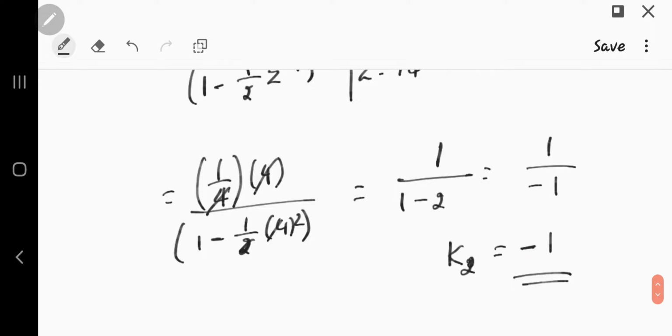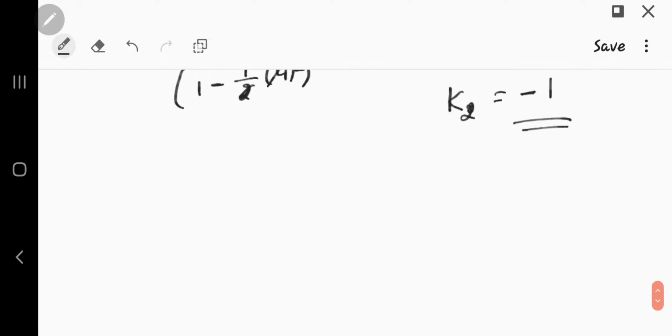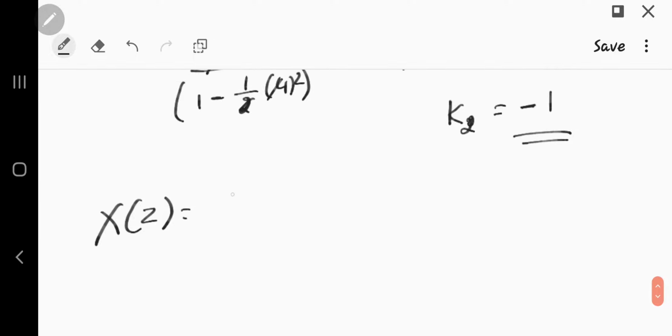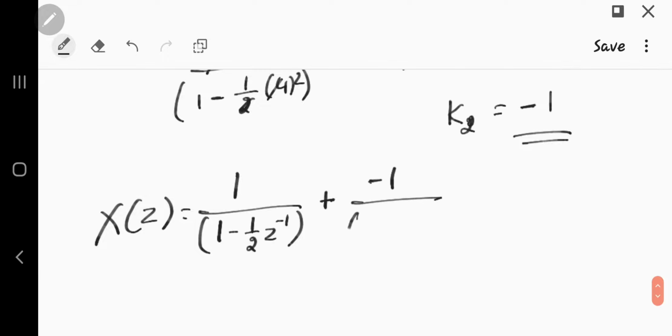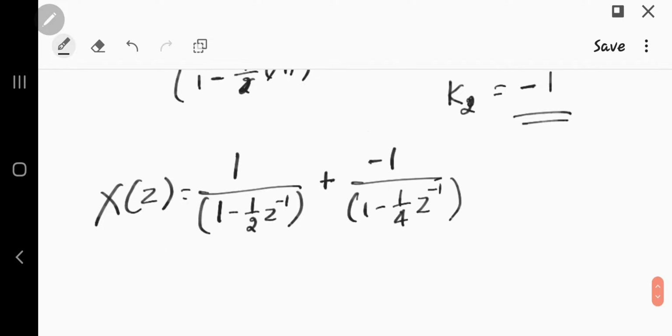Now since we found the values for k1 and k2, our x of z is equal to 1 divided by 1 minus 1 by 2 z inverse, minus, I can write plus minus 1 here, 1 minus 1 by 4 z inverse.